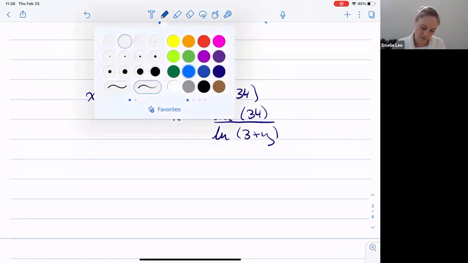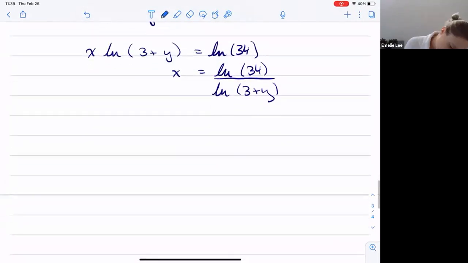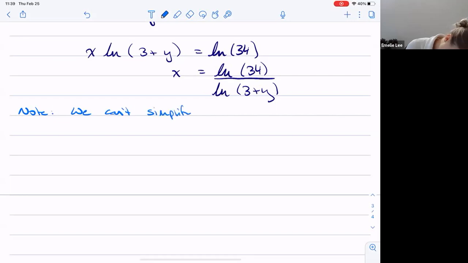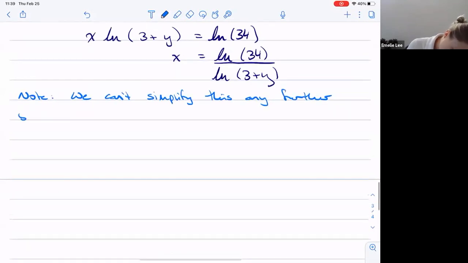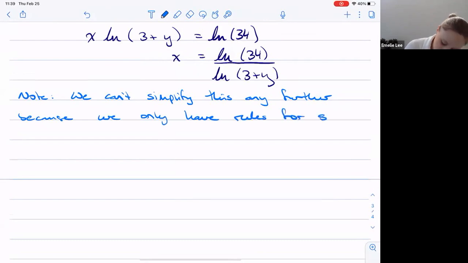Okay, so let me write that down. Note, we can't simplify this any further because we only have rules for simplifying logs being added or subtracted.